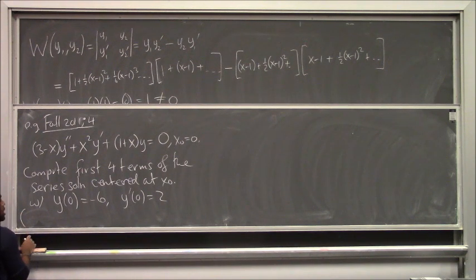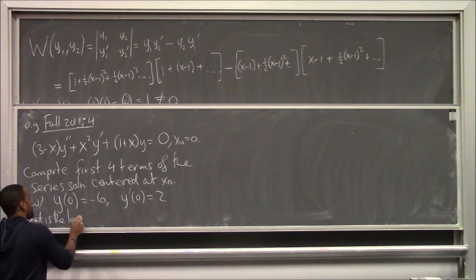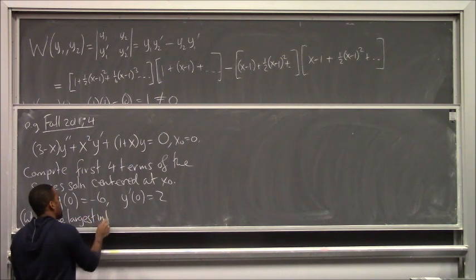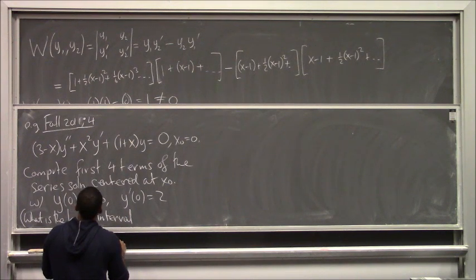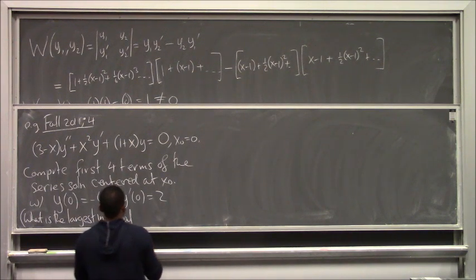So let me add a problem here. Where the series is centered is always going to be the value we plug into our initial conditions, because that's where you know how things are behaving.